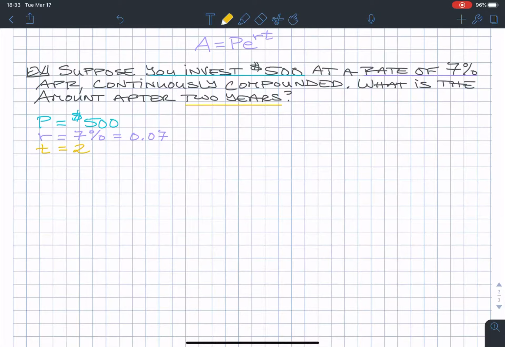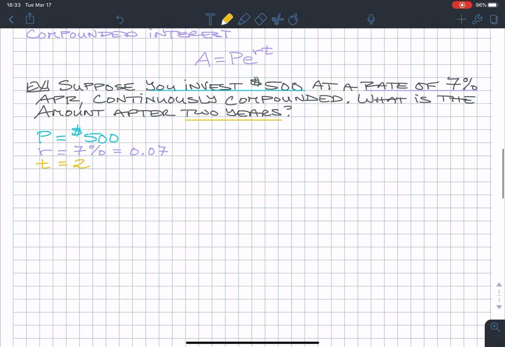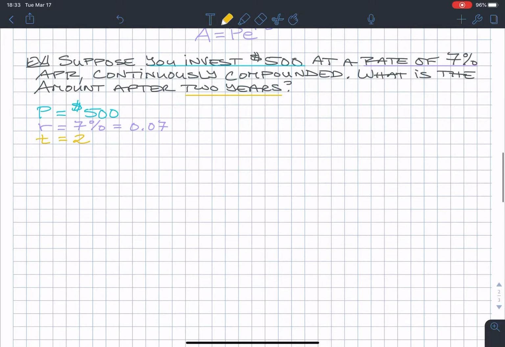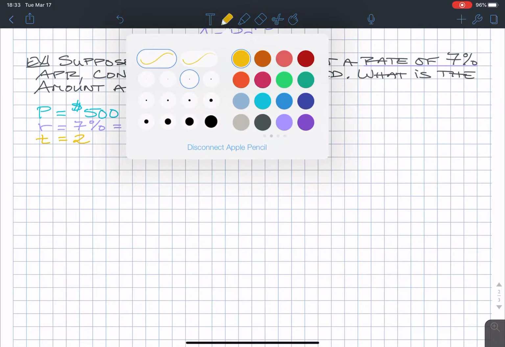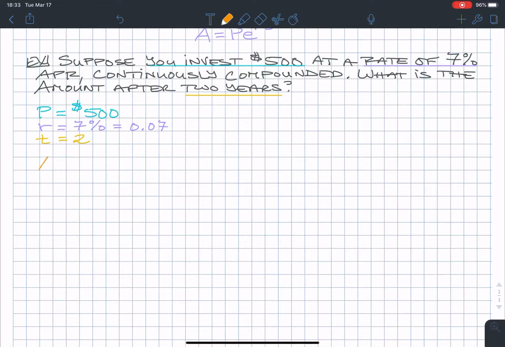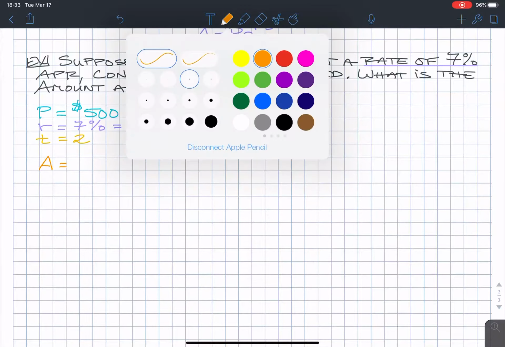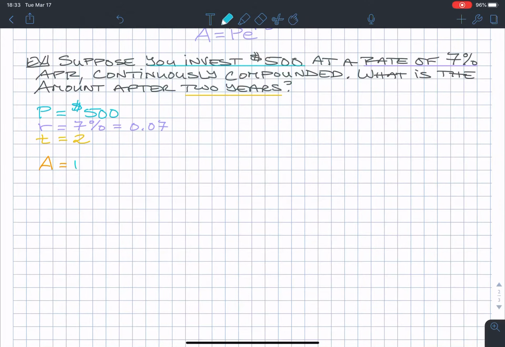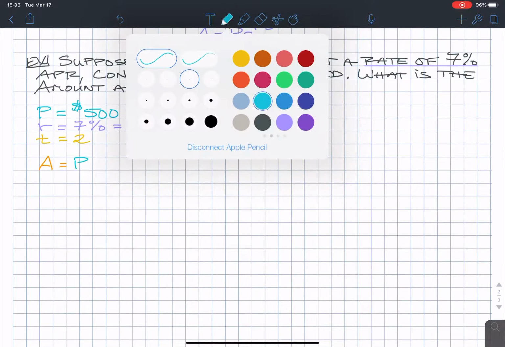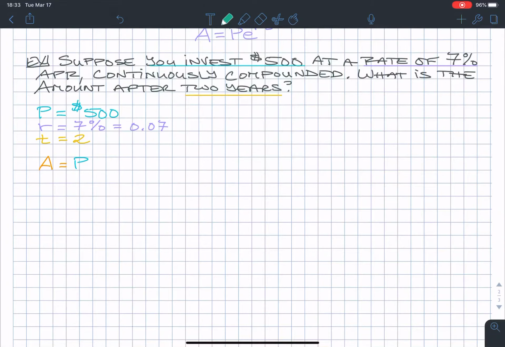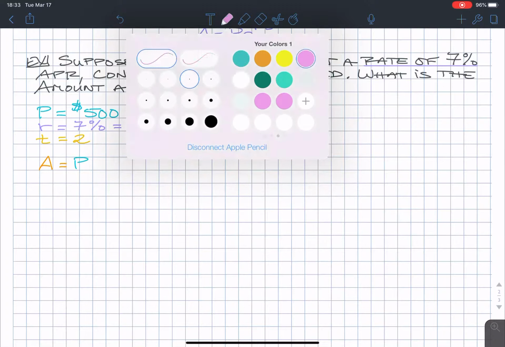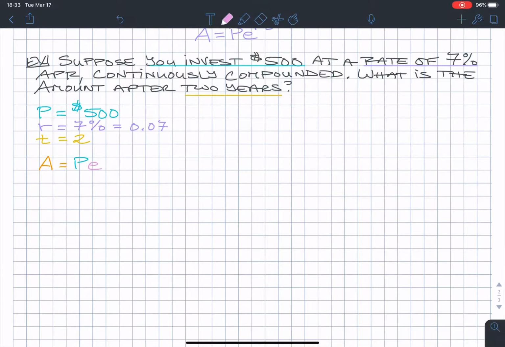And we can go ahead and plug in because those are all the variables, aren't they? So we're trying to find the amount A after 2 years. Well, we know that by definition of continuously compounded interest, that's going to be P times E raised to the rate times time, RT. That is the acronym PERT.